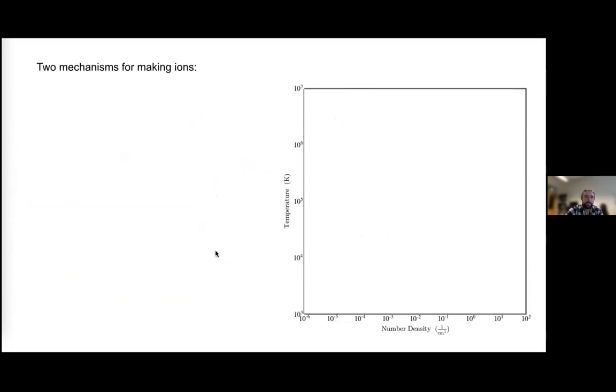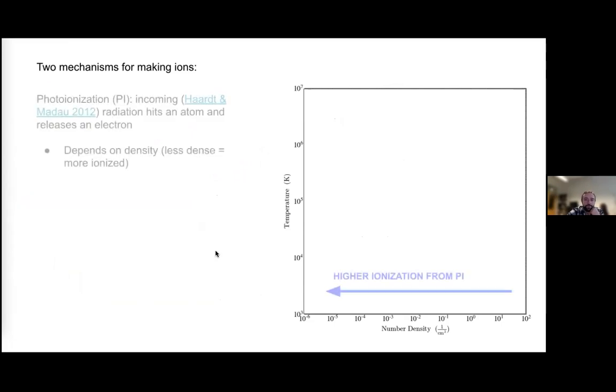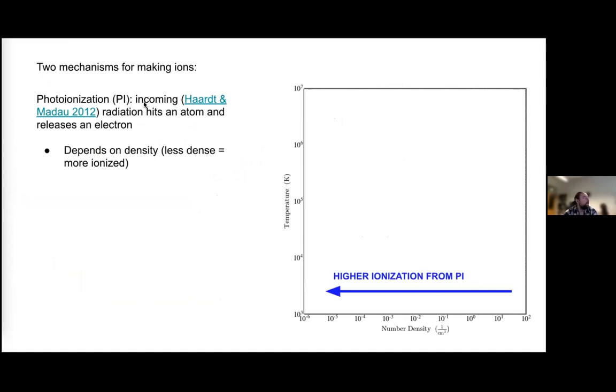The complication that we have to deal with is the following. You can get ions from two different mechanisms. The first mechanism is photoionization. This is when you have an atom just sitting out in space, and it experiences some kind of incoming background radiation. This background radiation permeates throughout the CGM and throughout space, which is essentially the reason for the epoch of reionization, right?